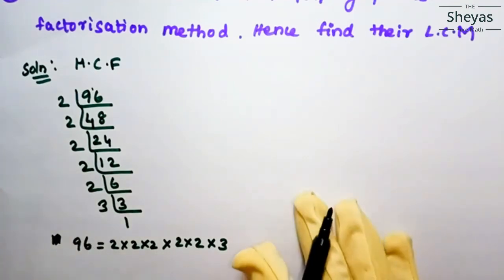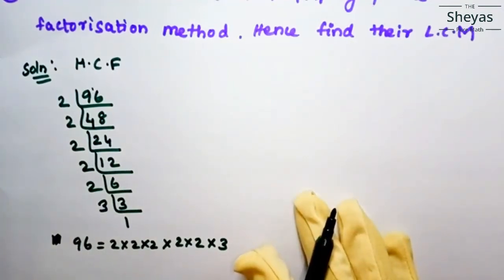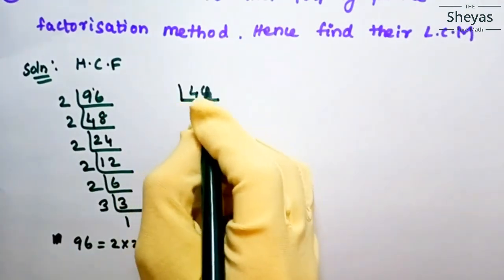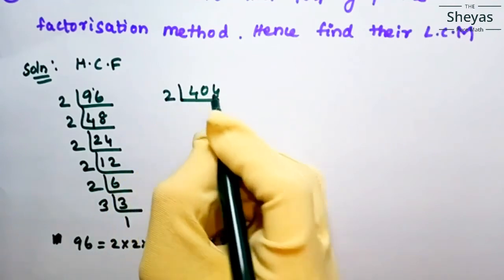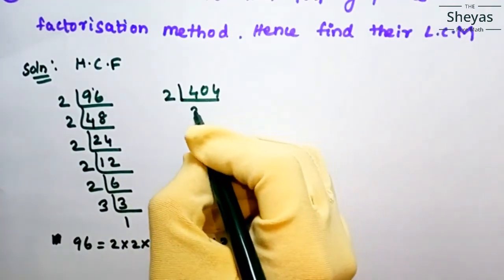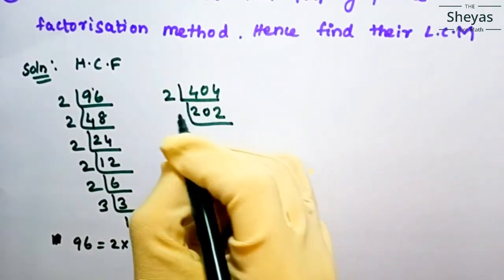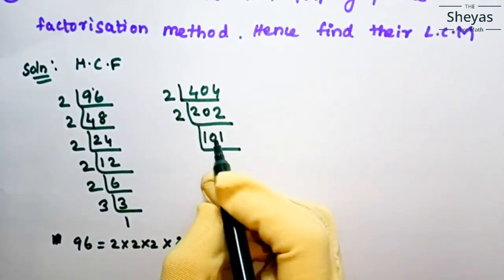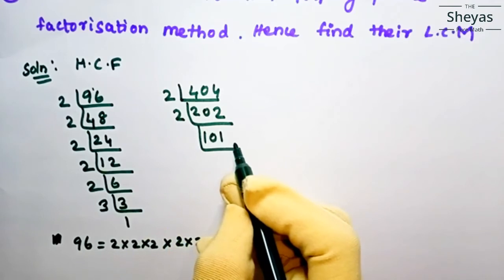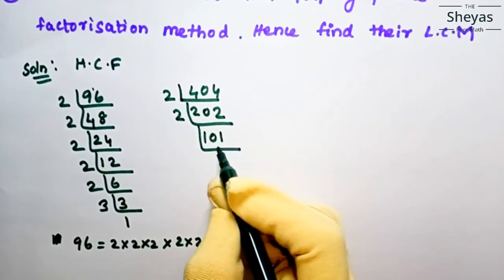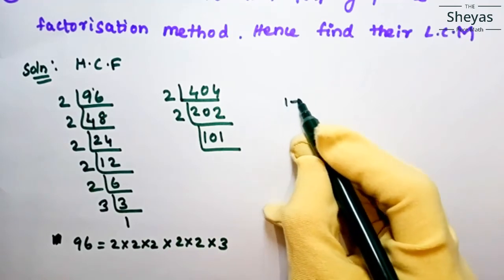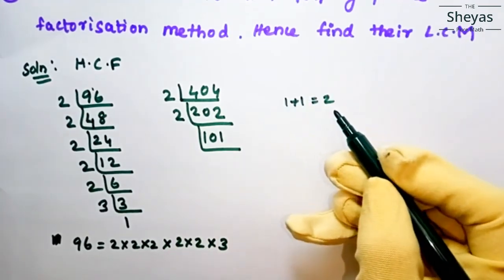Now we are going to find the prime factors of 404. Let's start. 404 is divisible by 2 because it is an even number, so I am starting with 2. 404 divided by 2 is 202, again divisible by 2, so 101. This is not divisible by 2. Check whether it is divisible by 3: 1 plus 0 plus 1 is 2, so it is not divisible by 3.